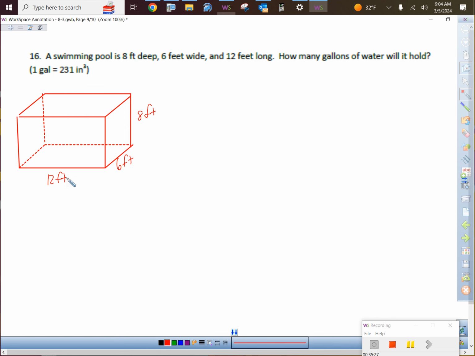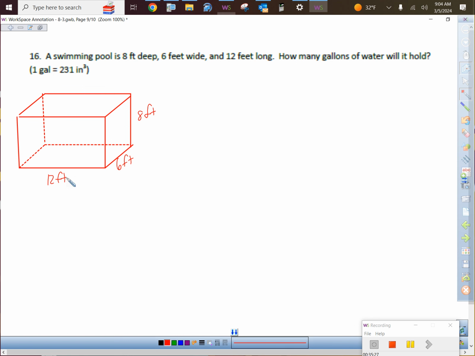Cool? They ask, how many gallons of water will it hold? That's a very basic question of, do you want lateral area, surface area, or volume? Volume. That is correct. Would you like to find the volume of this pool, get an answer in cubic feet, and then convert it? Because they ask how many gallons will it hold.